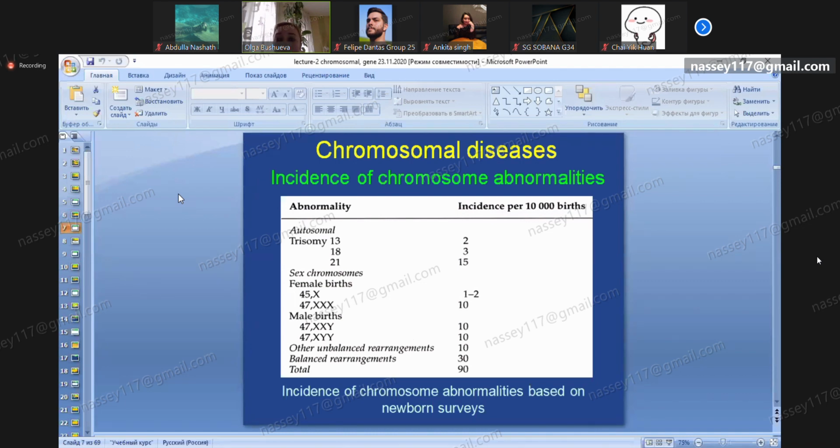As for newborns, most frequent in newborns, we can see trisomy of the 21st chromosome.